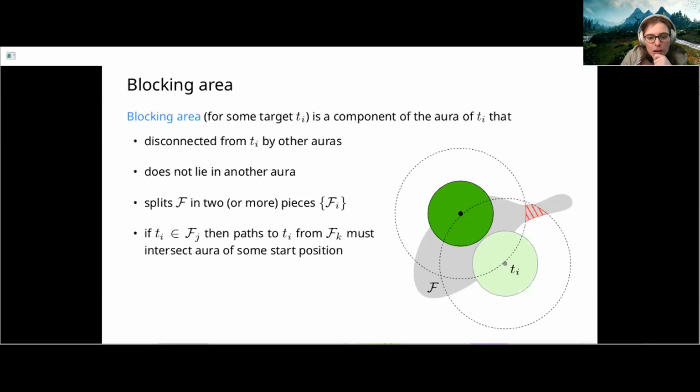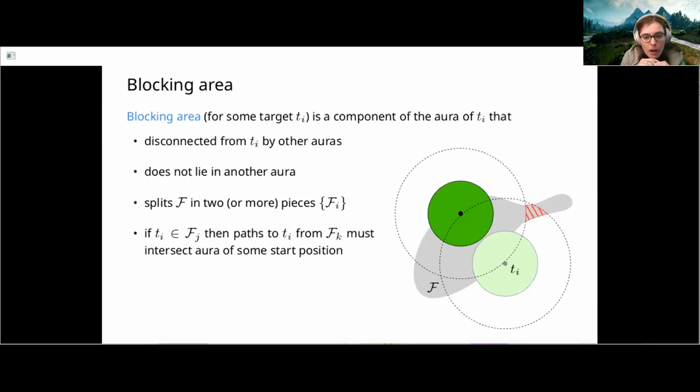It will be disconnected from the target position by other auras. For example, the red region here is the blocking area, and the aura of this start position on top disconnects it from the center of T1.